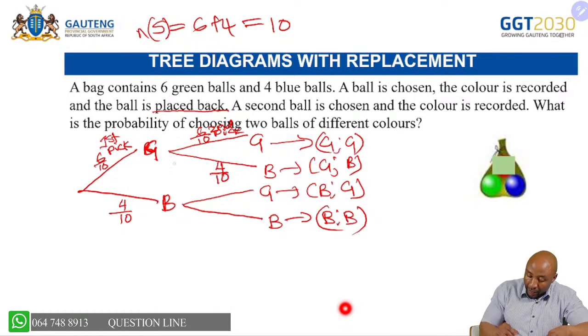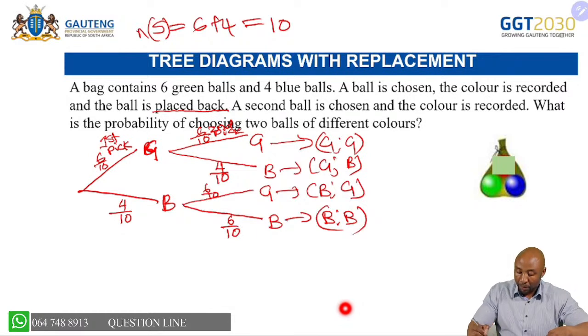I'm done with the top part. I go to the bottom one. The first ball picked was blue. The second one can be green. That's 6 over 10. The first ball picked was blue. The second one is also blue. It's still 4 out of 10. And that will give us the probability, as remember, these are independent events.